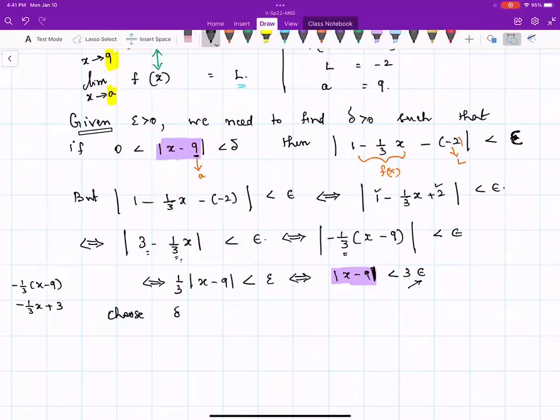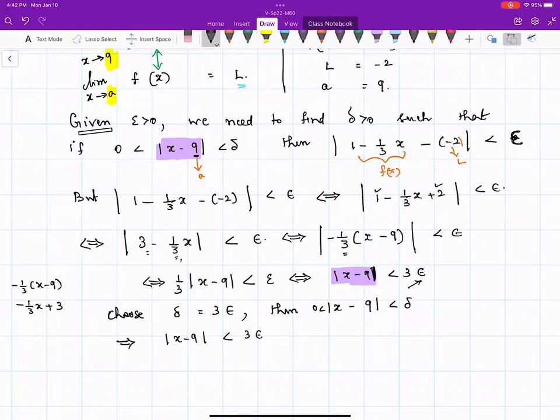So if we choose delta to be equal to 3 epsilon, then what will happen? Absolute x minus 9 less than delta would mean absolute x minus 9 is less than 3 epsilon, correct?